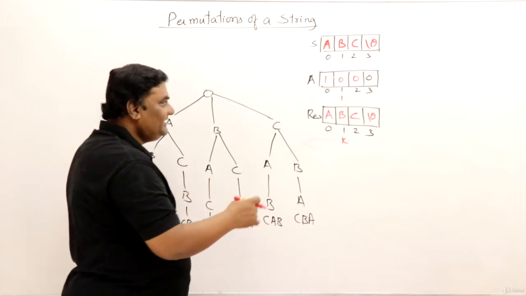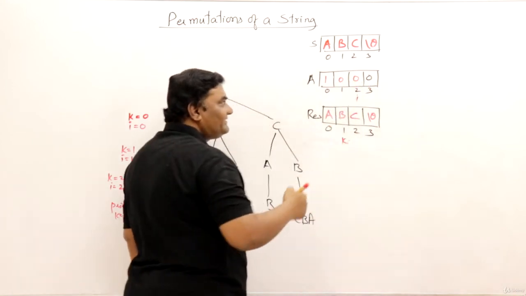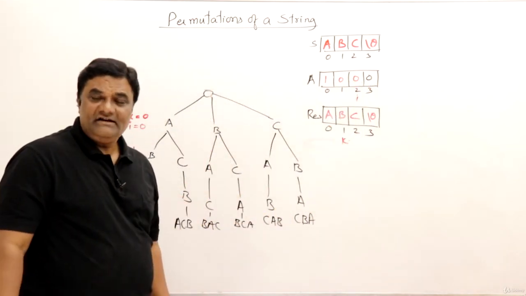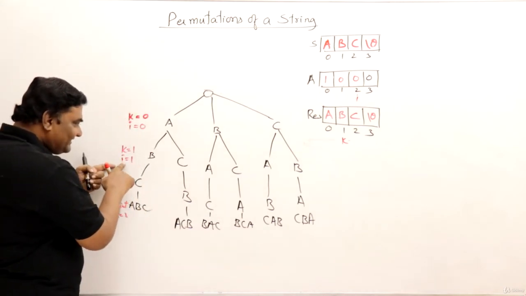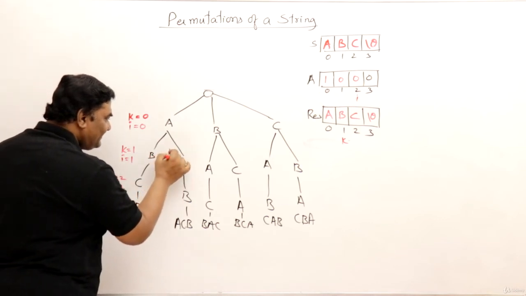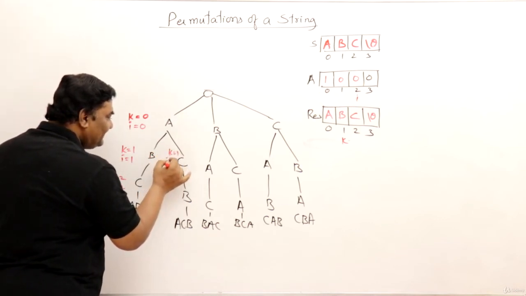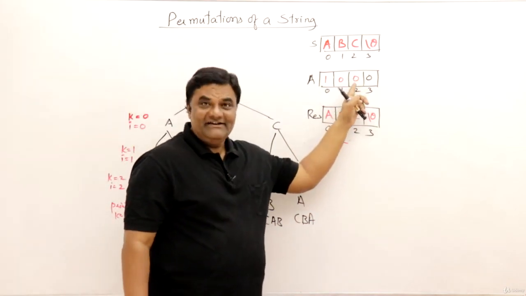Continue scanning means next I++. Is it available? Yes, that is 0. Yes, it has to be taken. So at this place it comes to this one, right? See, K is 1 and I is 1. Here K is 1 but I is 2. Yes, K is 1 and I is 2 and this is available.